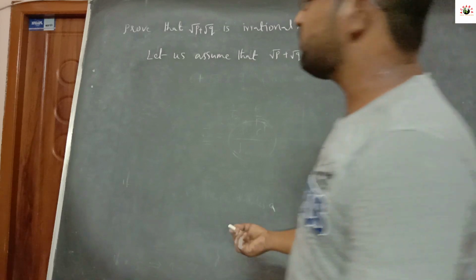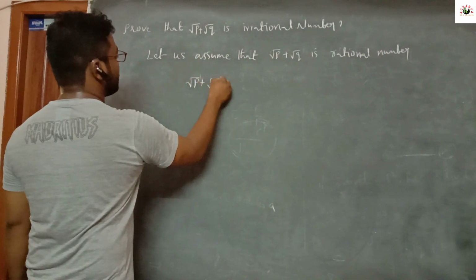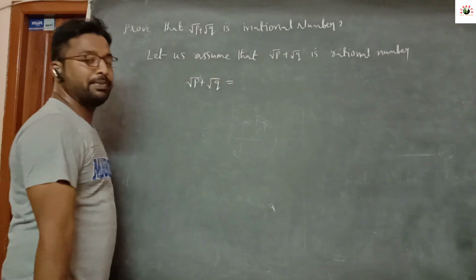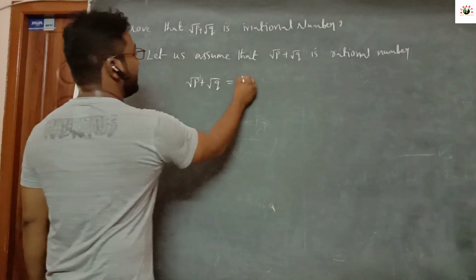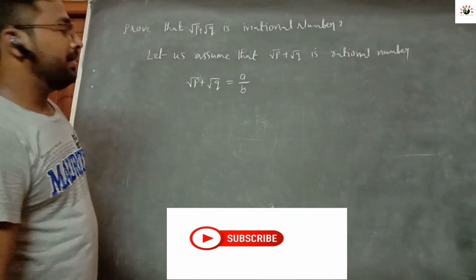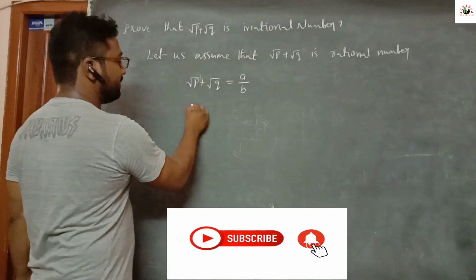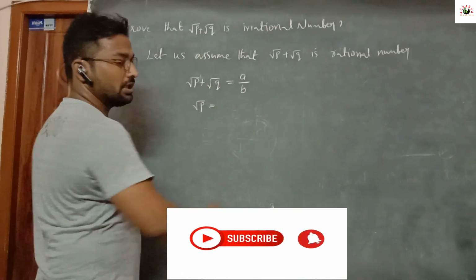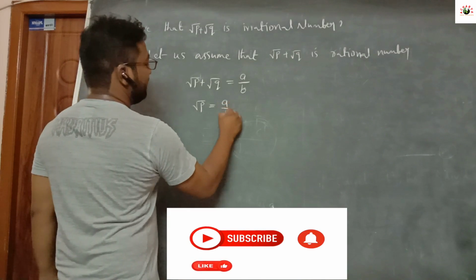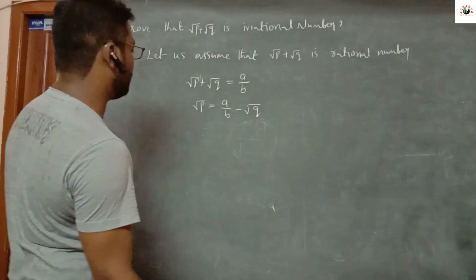Next, a rational number is in the form of p by q. So root p plus root q is equal to some a by b. Now one root is sent to the right side, it becomes negative. So root p is equal to a by b minus root q.